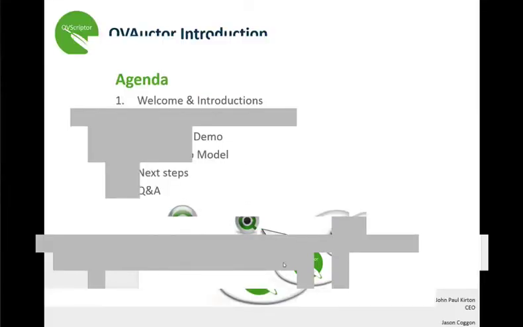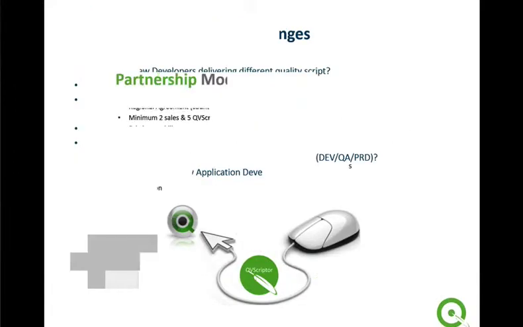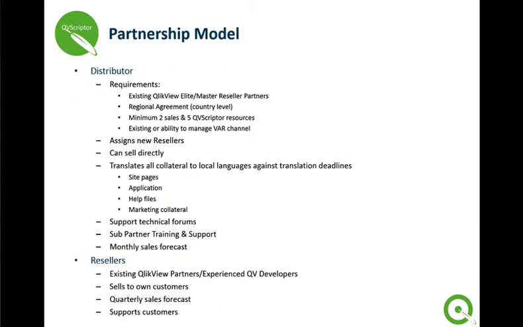The distributor, we expect quite a lot from them because they are distributors on a country level, and we expect some history of working with existing other QlikView partners, working together with them and having the necessary resources in place to actually make the business successful. And then resellers, it's much easier business, but we are always here to support both resellers as well as distributors, especially in a country where we don't have distributors in place yet.